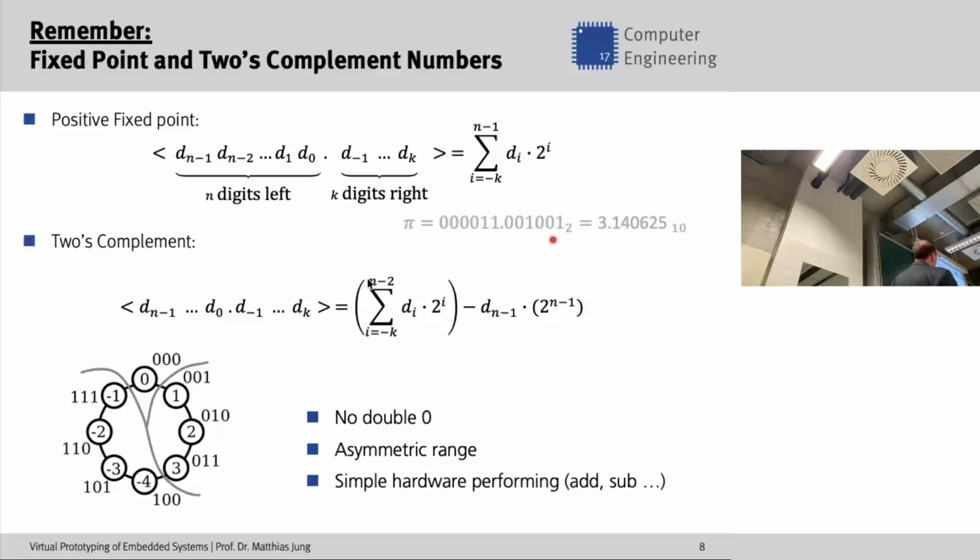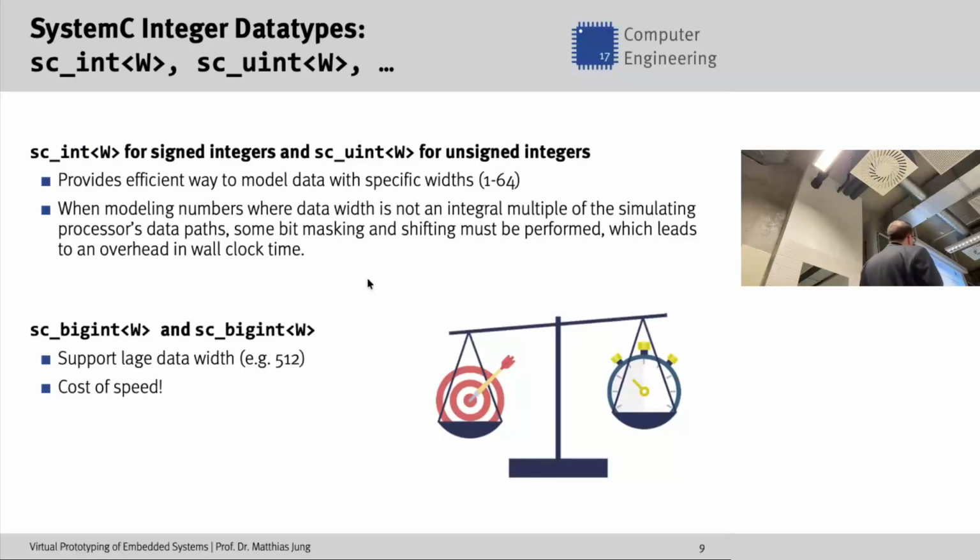So if you want to be more accurate, then you have to add more digits after the decimal point. Yeah, so that means here that's the 1, that's 2, that's 4, and so on and so forth. And here you have then basically half, a quarter, and so on and so forth. And then you can build also fixed point numbers. And also that can be done in SystemC.